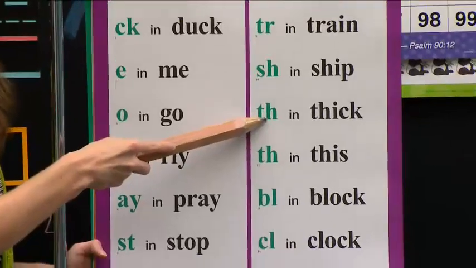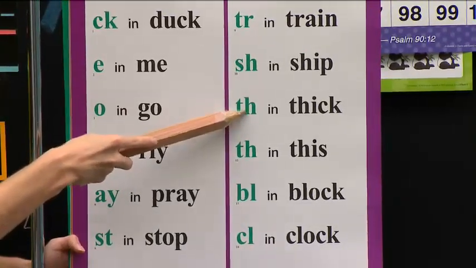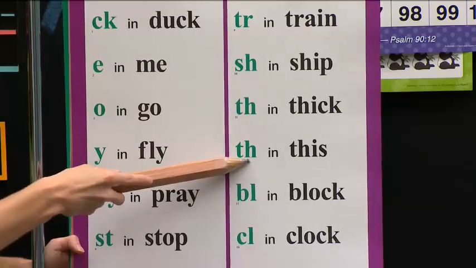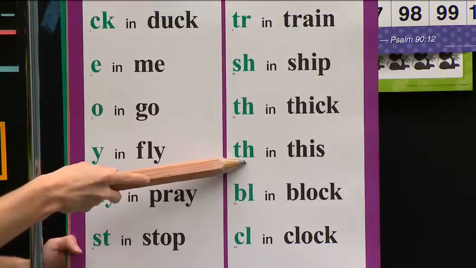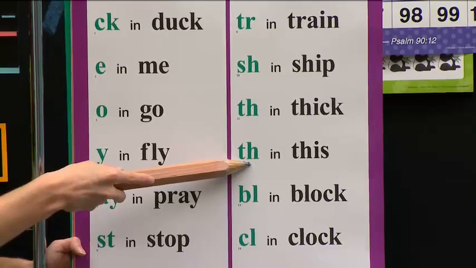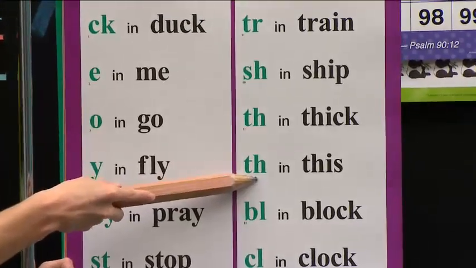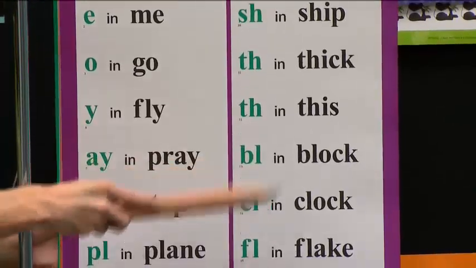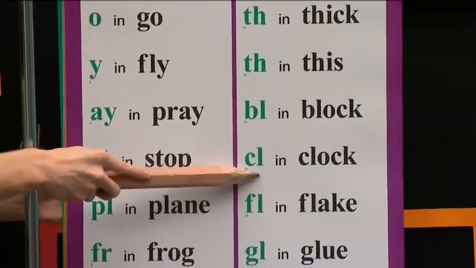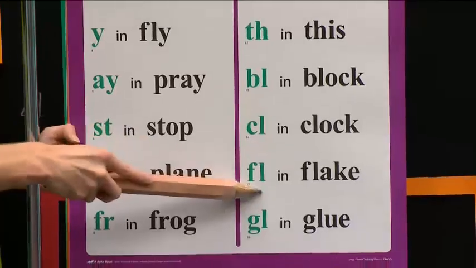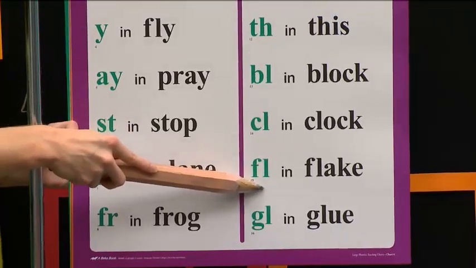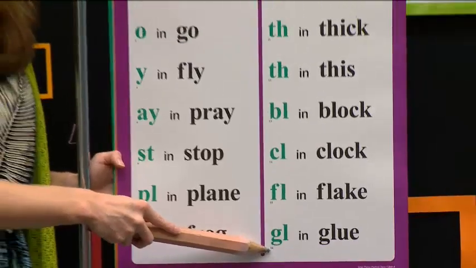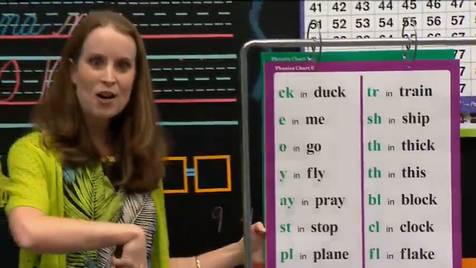Th in thick, T-H. Again, th in thick, T-H. Th in this, T-H. Let's try that one again. Th in this, T-H. Bl in block, B-L. Bl. Cl in clock, C-L. Cl. Fl in flake, F-L. Fl. Gl in glue, G-L. Gl. We'll keep working on this chart together.